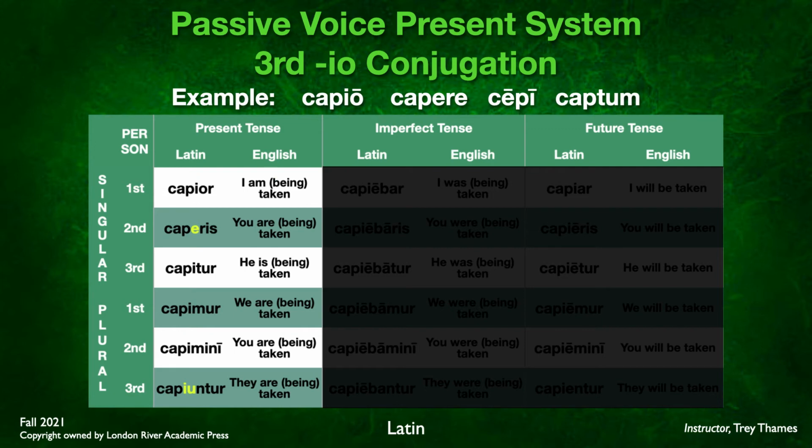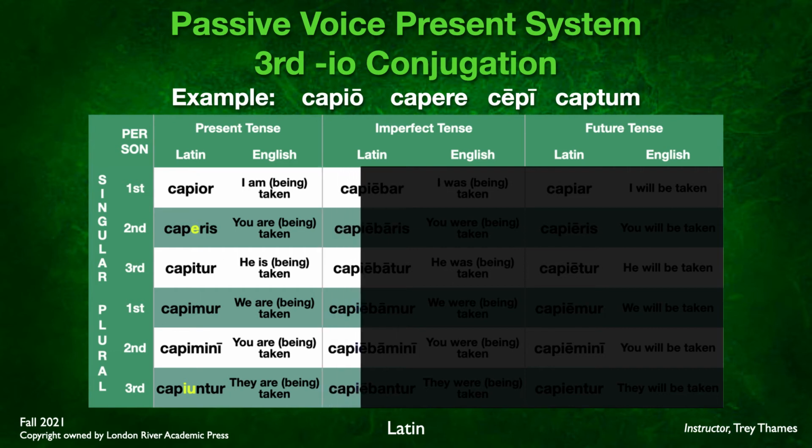And again, this one is like fourth conjugation rather. It has the I and the U: capiuntur. So here in the second person singular, you had a characteristic like third conjugation, and in third person plural, we've got a characteristic like fourth conjugation. Caperis, capitur, capimur, capimini, capiuntur. I am taken, you are taken, etc.